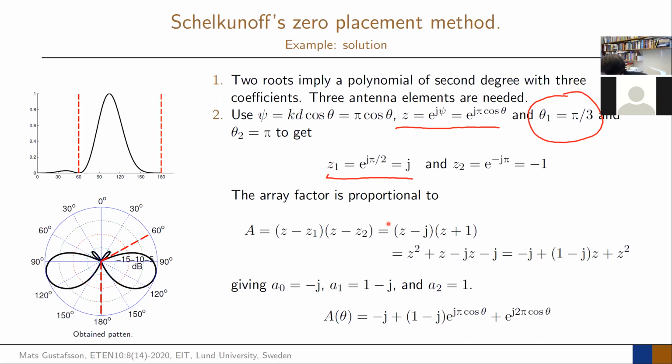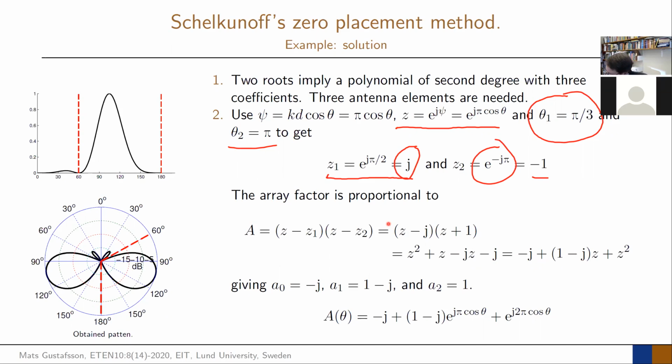And doing that, I get that z1 is equal to j. So you can see you go from the direction, and then you compute what is the zero in this case. The next one was at pi, so theta 2 is pi. Then you do cosine pi, that is -1. And then you get e raised to j pi, which is equal to -1. So I have two zeros now, j and -1.